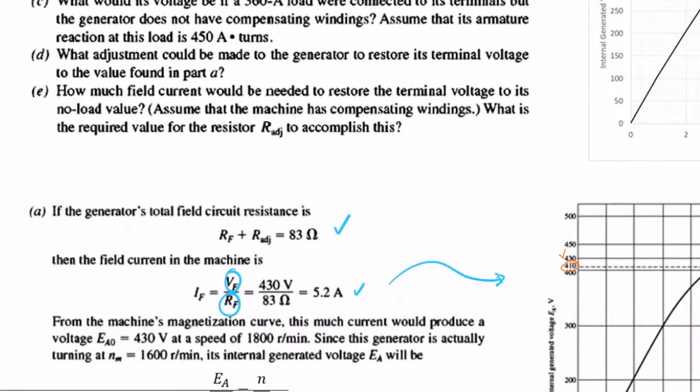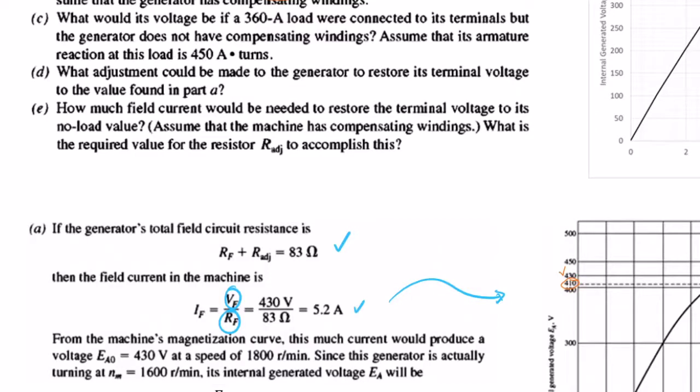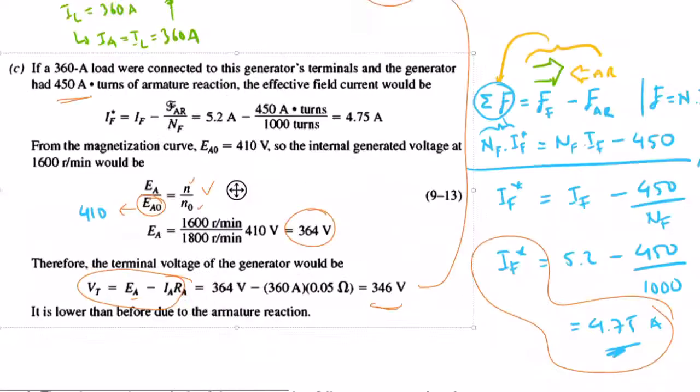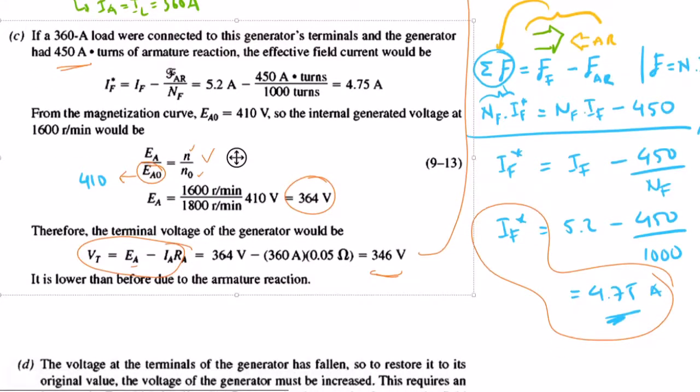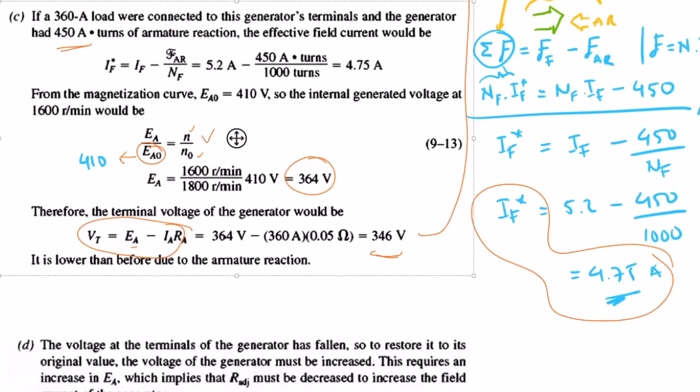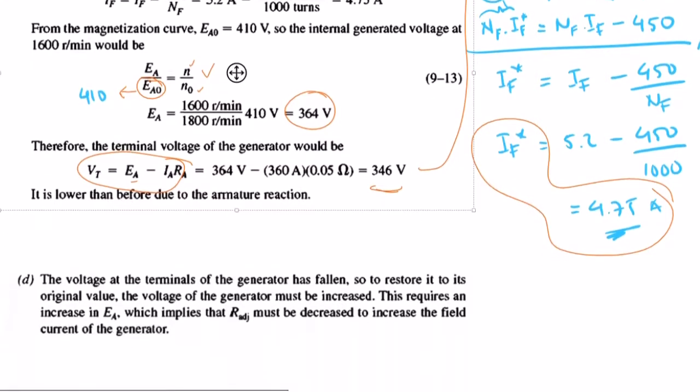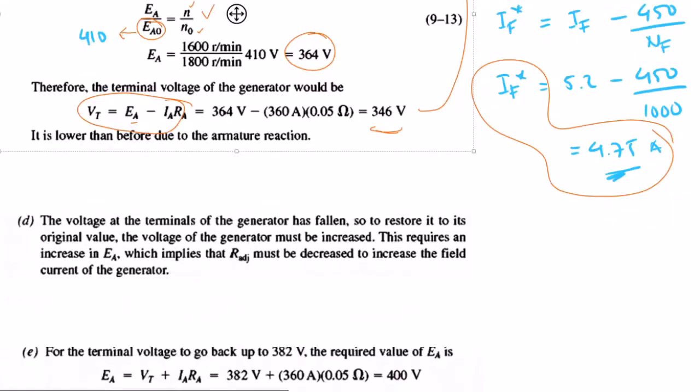But when we had the load and the armature resistance and reactance as well, the voltage dropped to 346 volt. So what can we do to adjust? The answer is given here. The voltage at the terminals of the generator has fallen.